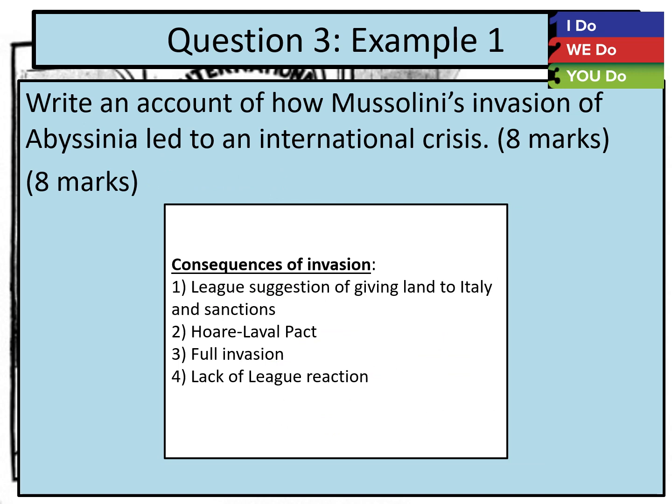So the second paragraph will be focusing on the consequences. You'd be thinking about things such as the suggestion of giving land to Italy, those partial economic sanctions that we talked about in the last lesson.